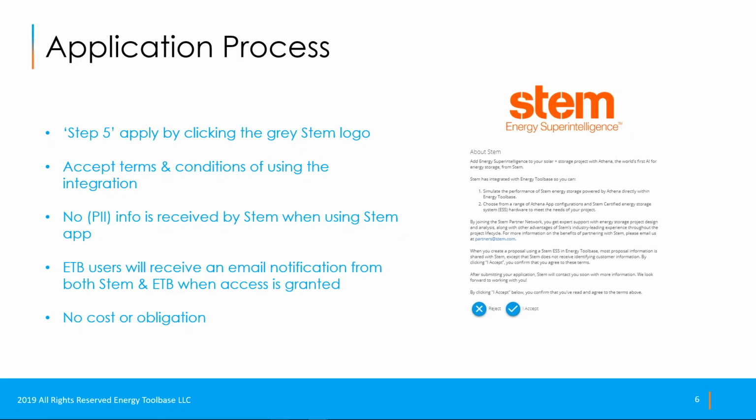There is no personally identifiable information that is shared or received with STEM. So basically what we're talking about here is you're not sharing your customer's address or email or phone number. And this is not about STEM going behind your back to contact your customer. Instead, this is really just facilitating better communication between STEM and their dealer partners to have more visibility on all the parameters of the deal.